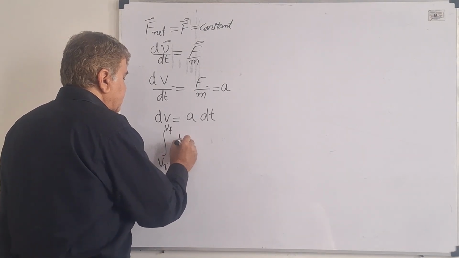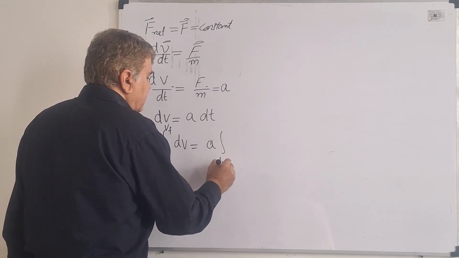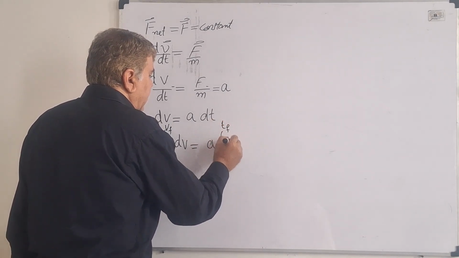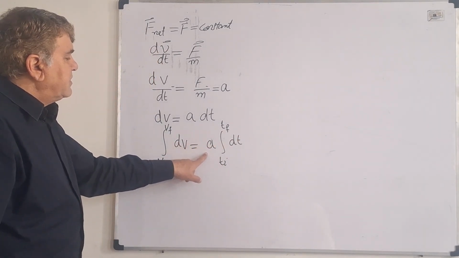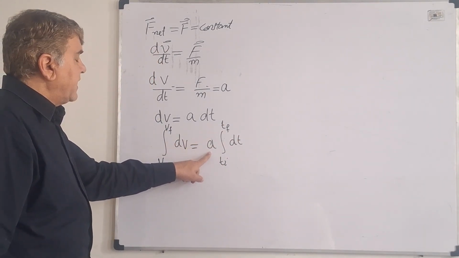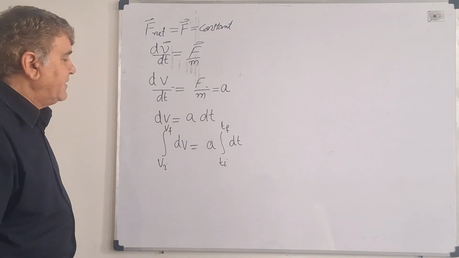So I write the integral of dv equals a times the integral from ti to tf of dt. I have taken a to the left of the integral sign because a is constant. It is independent of time.